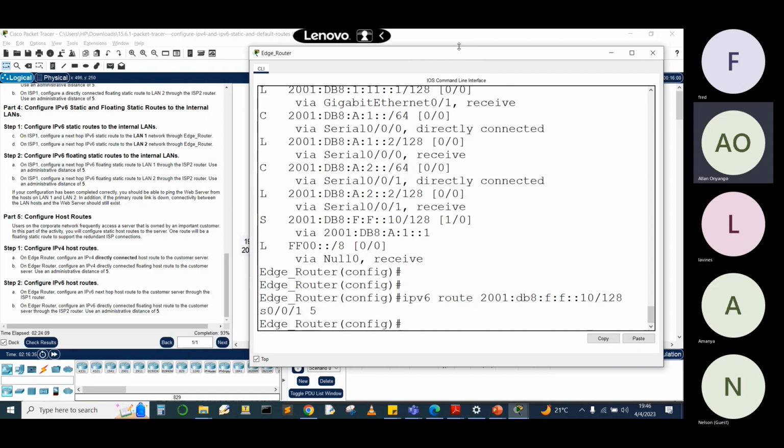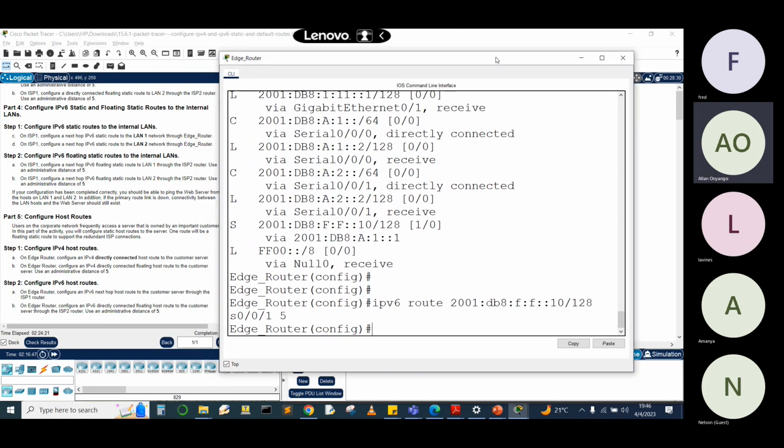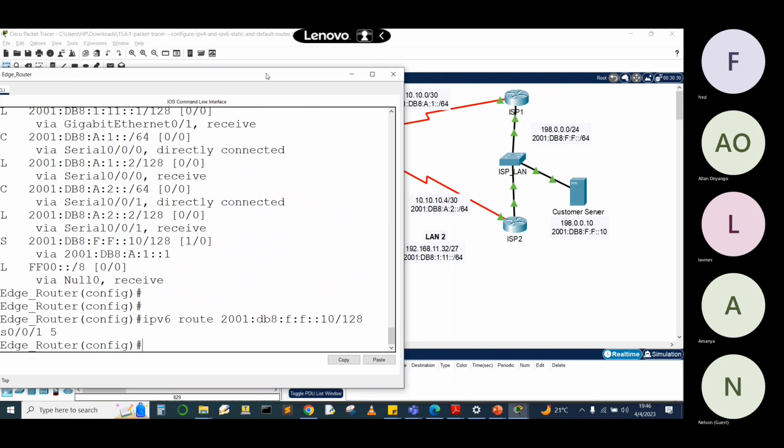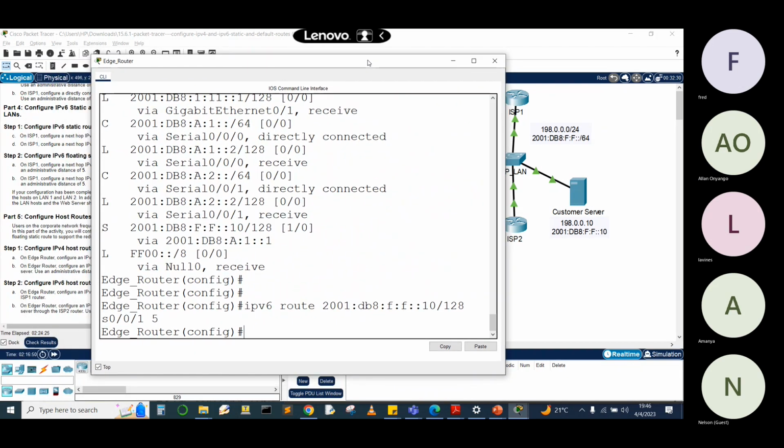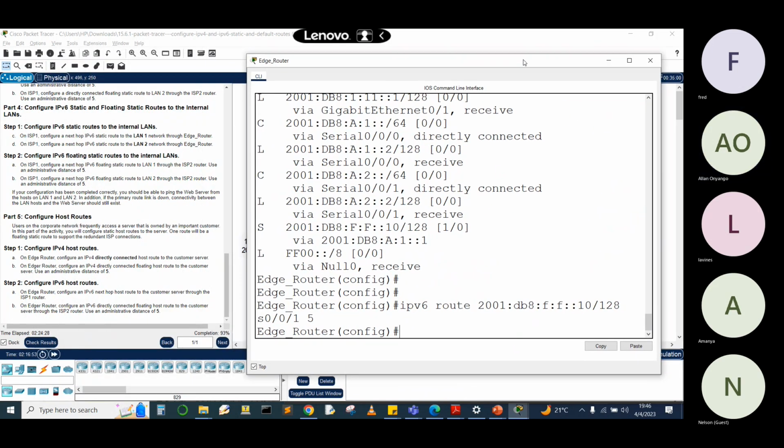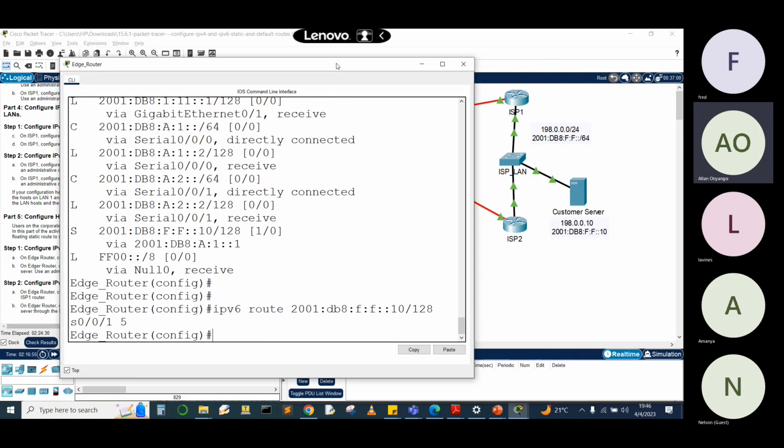And when I press enter, I think I made a mistake. It's good that I made a mistake at this point, because my marks are not adding up. We are still doing it to the customer server.